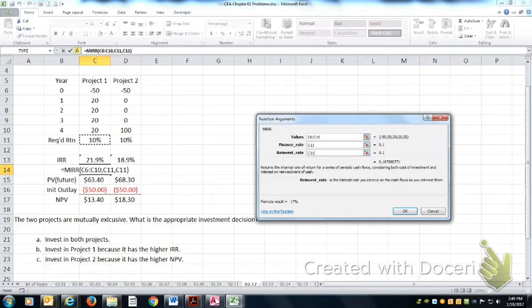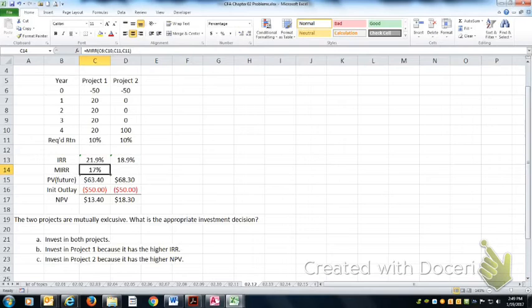So if I use the required rate of return for both of those, what I can see is that the modified internal rate of return for project 1 actually gives me a lower number.